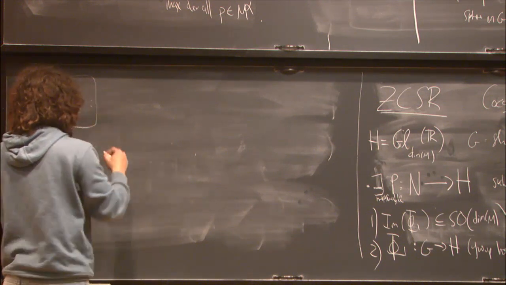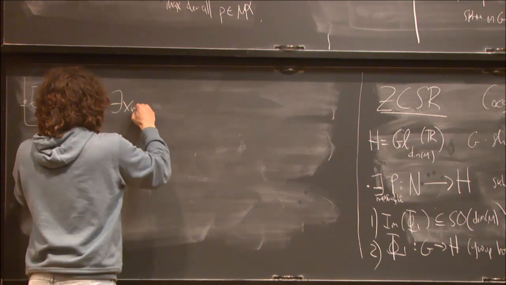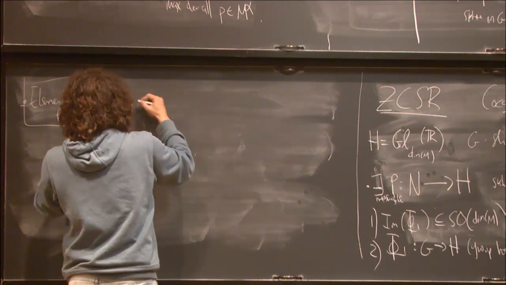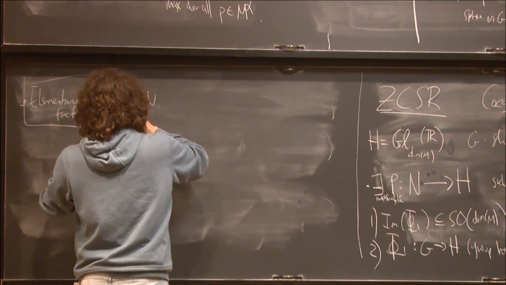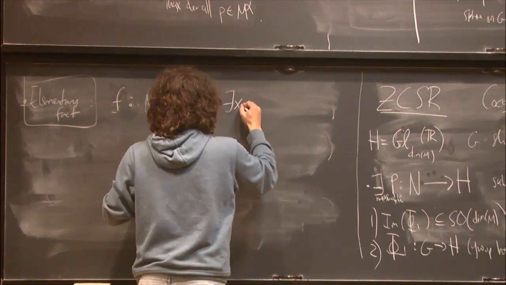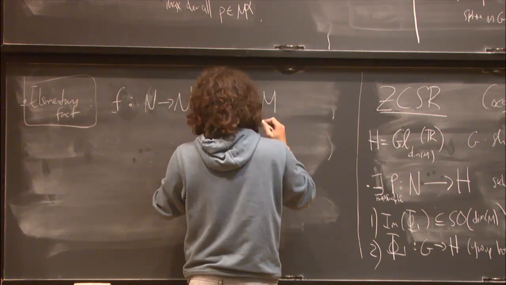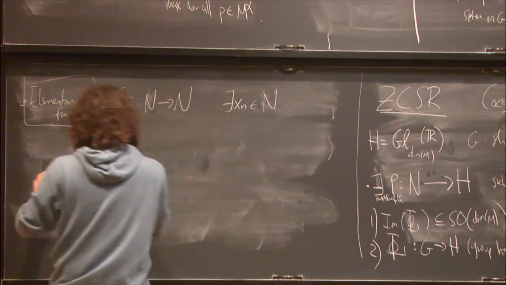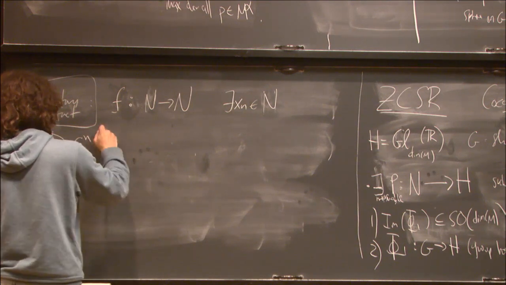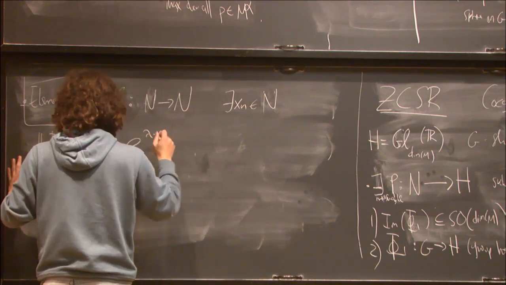the hyperbolic dynamics. That is that if there exists a sequence of points xn, or sorry, suppose I have f a diffeo, let's say N to N, and suppose there exists a sequence of points xn in your manifold N where you see some exponential growth, meaning the derivative is growing exponentially here for some lambda n.